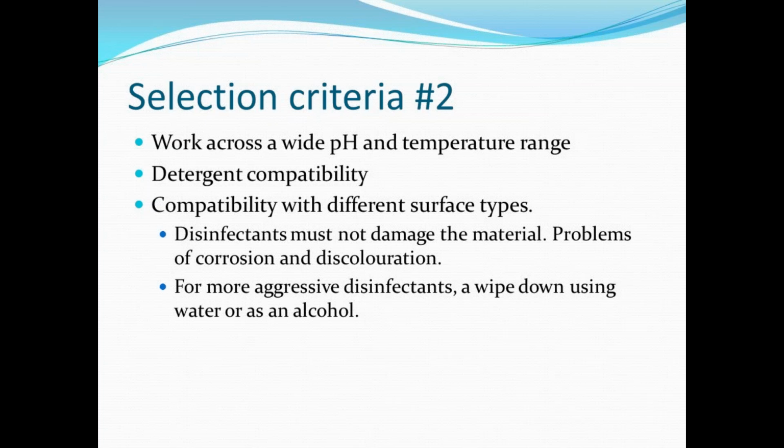Where we do need to use more aggressive disinfectants, there sometimes is a need to wipe down afterwards to ensure that the residues are removed. So this might involve wiping down with, say, water for injection, or with something like 70% IPA.